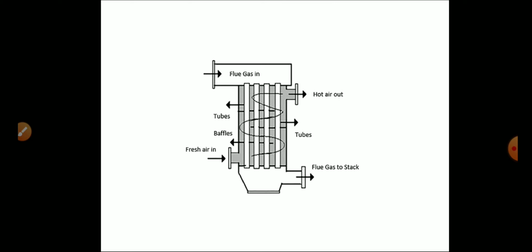This is showing your air preheater. This is the flue gas going in, marked by this arrow. After this flue gas in, fresh air is in. Fresh air goes into the system. This fresh air will come out as hot air.